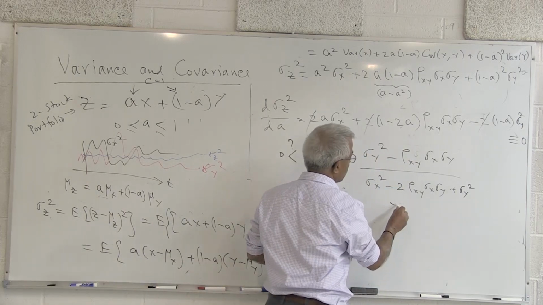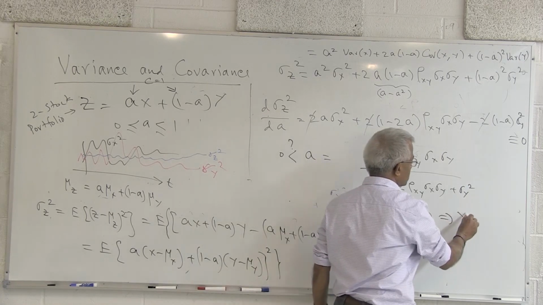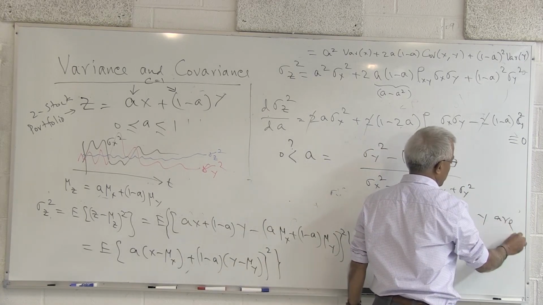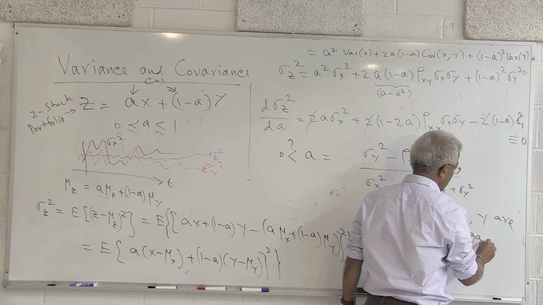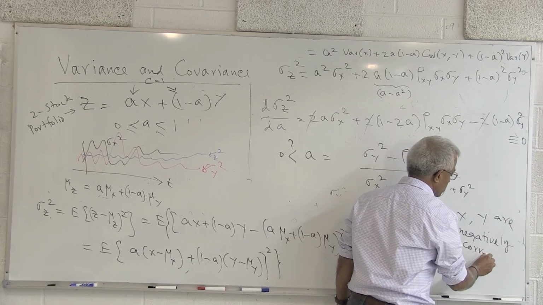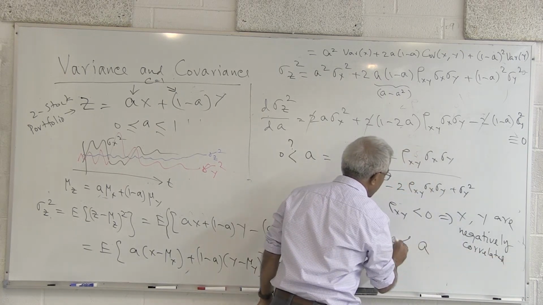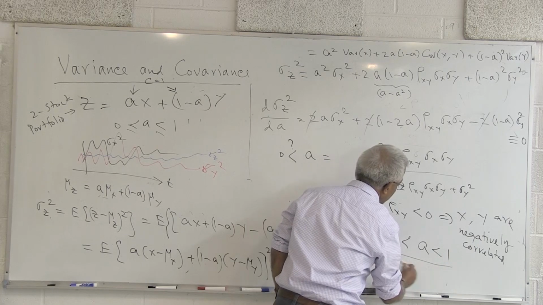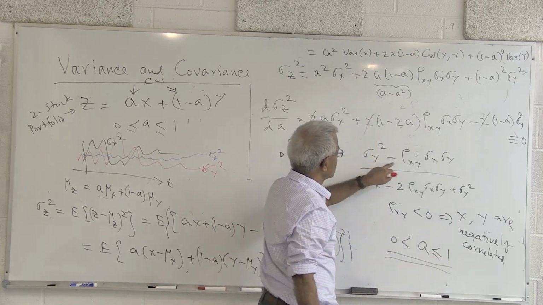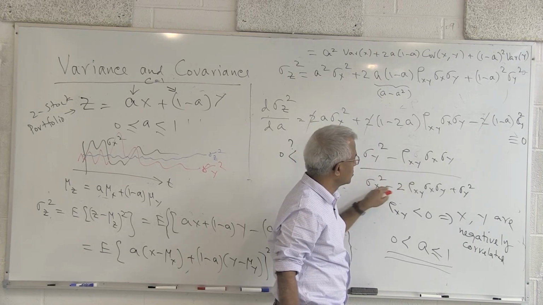So you can see if rho xy is less than 0, that means x and y are negatively correlated. When one goes up, the other one goes down. Then you can see a is guaranteed to be a fraction, between 0 and 1, because this minus rho will be positive, this is positive, all these are positive.